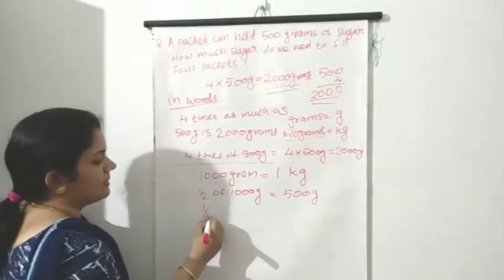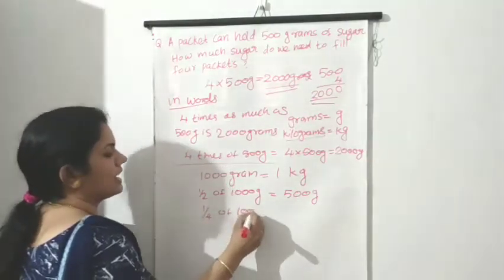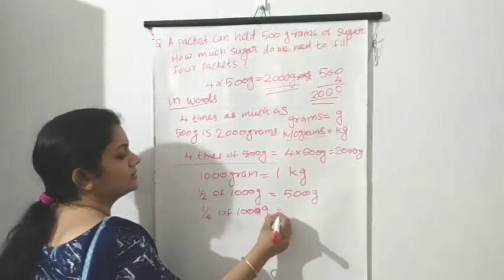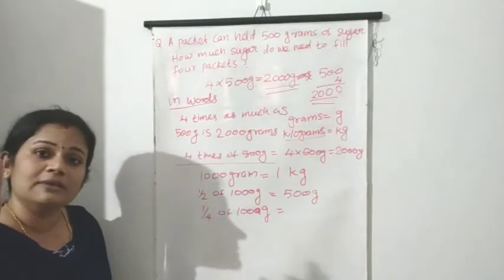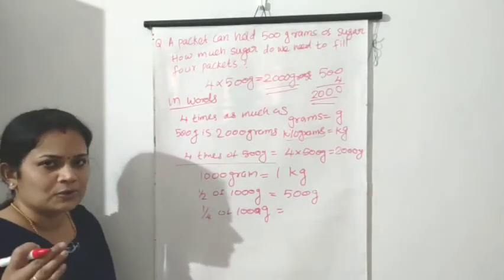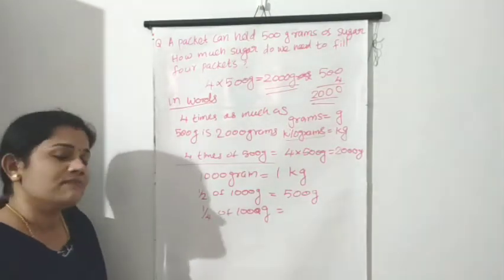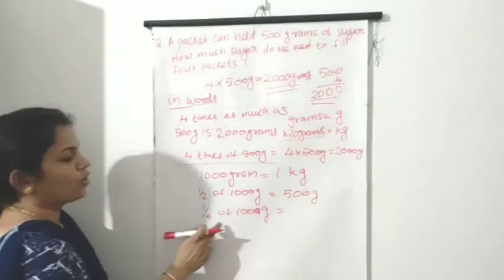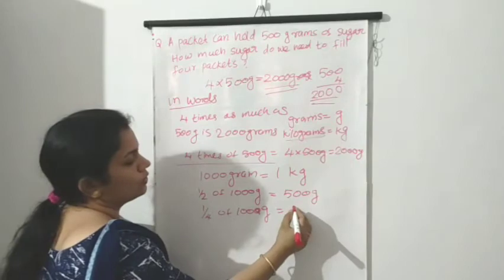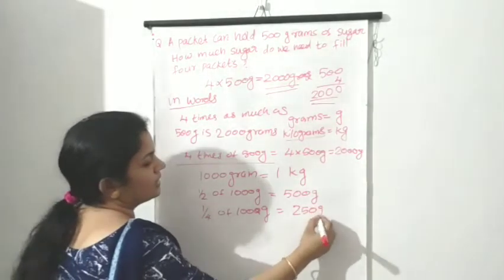Then 1 by 4 of 1000 gram equal to what? 1 by 4 of 1000 milliliter equal to what? Do you remember that? 250 milliliter. Same, we can write 1 by 4 of 1000 gram equal to 250 gram.